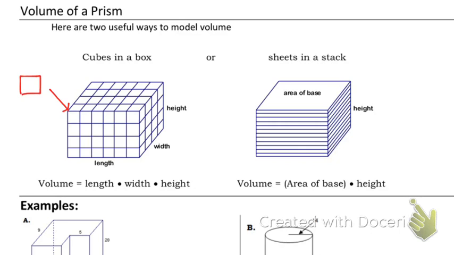If I was to actually construct this cube, which I wish I would have kept my cubes from my old school, but if I constructed this, it would be 1 by 1 by 1. So it's 1 cubic unit, 1 cubic centimeter, 1 cubic foot. And volume is how many of these cubes can I actually fit inside this box? And that's going to be my volume.